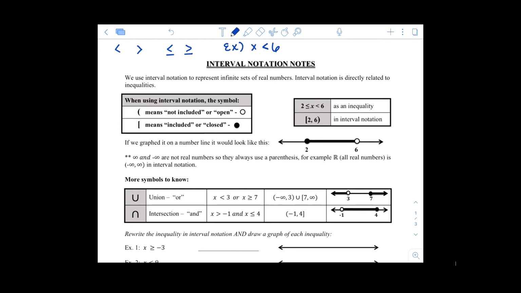So from left to right, this is going to be x is less than 6. You can use the greater than symbol to express this little equation, but you'd have to flip the whole thing around. If x is less than 6, 6 from left to right must be greater than all of the x's.